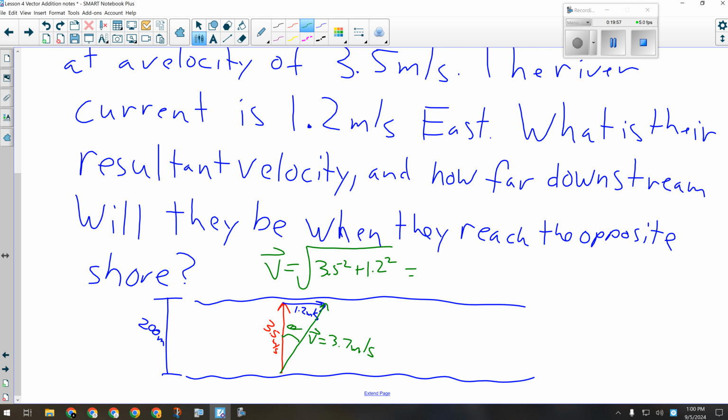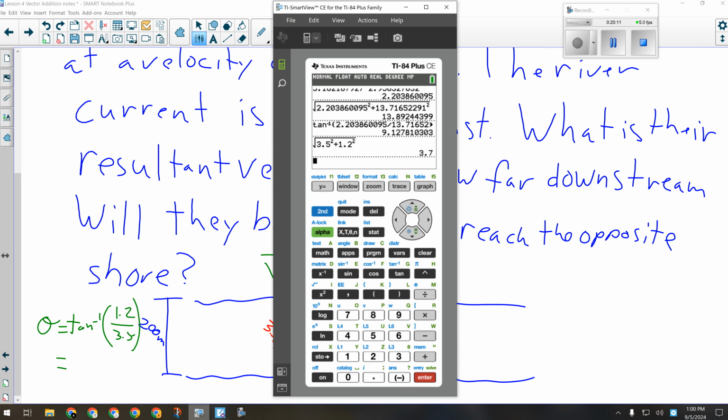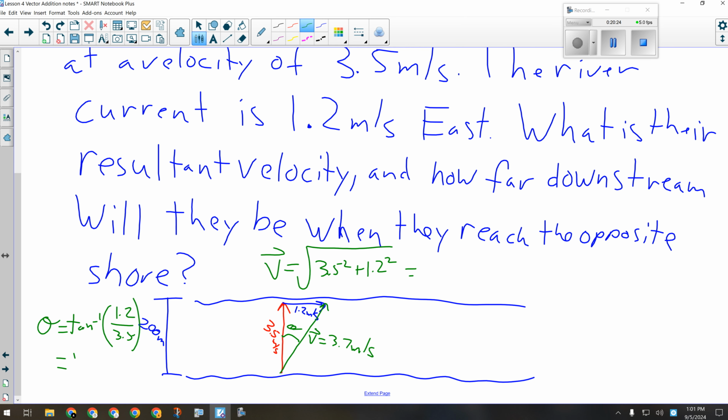And then theta is just going to be, like any other question, tan to the minus 1 of the opposite side over the adjacent side. So that's going to be 18.92 degrees.